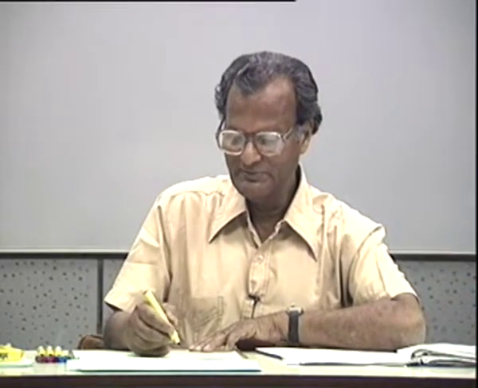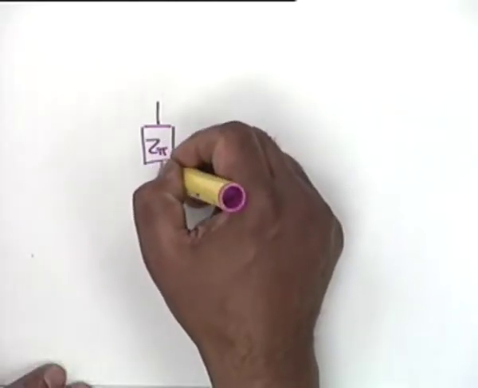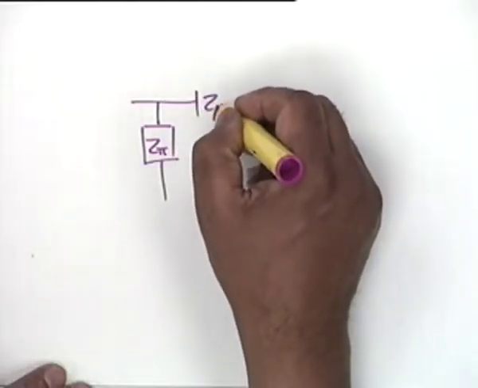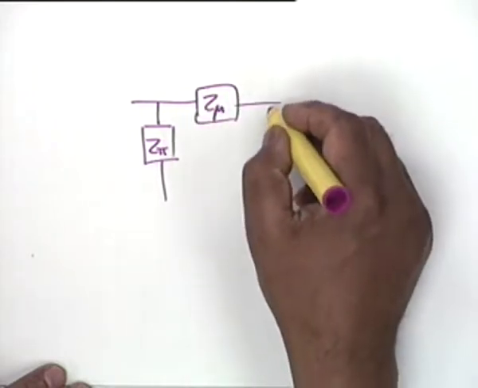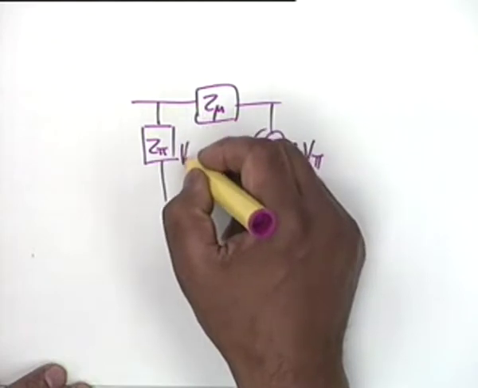How do you calculate the input impedance? Obviously, you have a Z pi, Z mu, and then you have GM V pi. This is V pi.